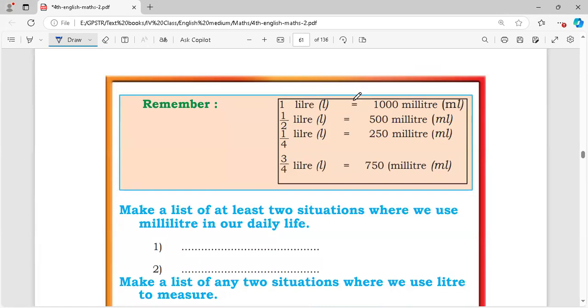Remember, 1 liter is equal to 1000 milliliter. 1 by 2 liter is equal to 500 milliliter. 1 by 4 liter is equal to 250 milliliter. 3 by 4 liter is equal to 750 milliliter.